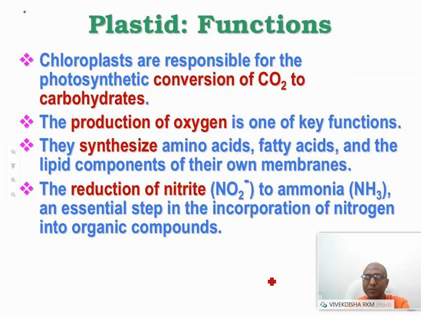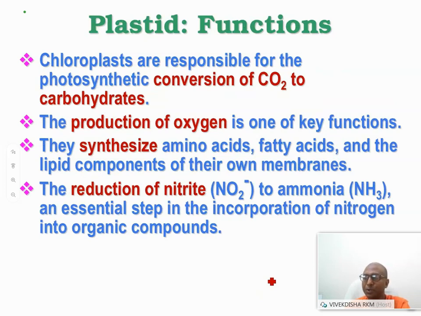Very few organisms can absorb nitrogen from the atmosphere. Most of them cannot use gaseous nitrogen. So introduction of nitrogen into organic compounds is very important. Here it can be done with the help of plastids. So that is one function of plastids.